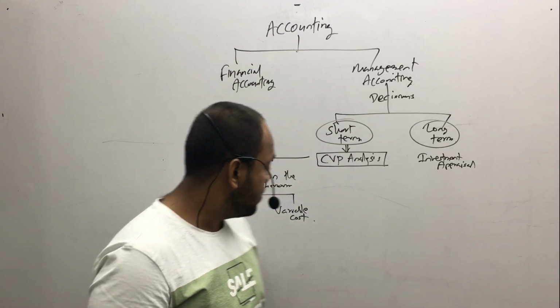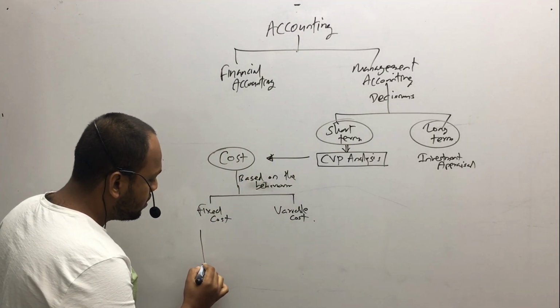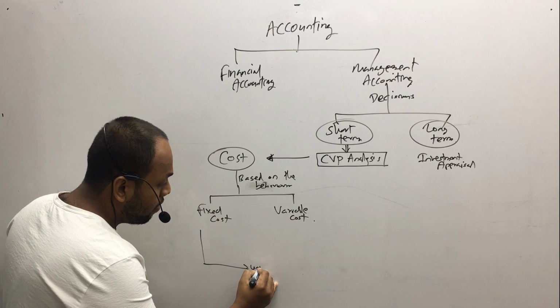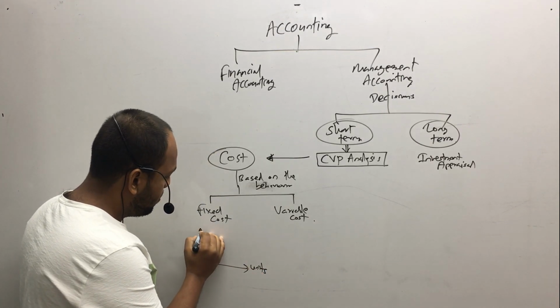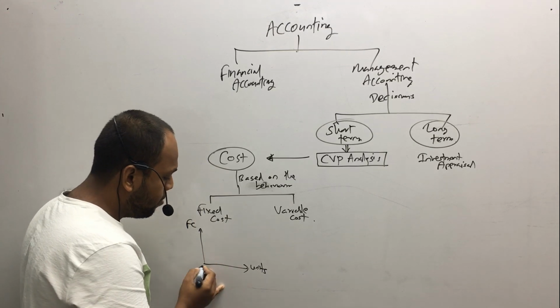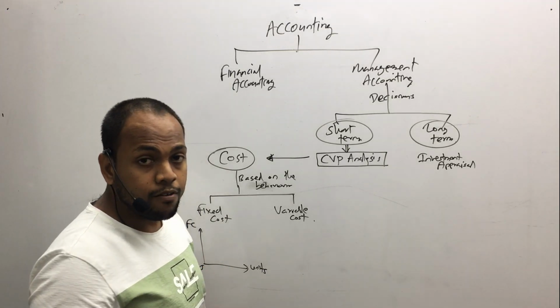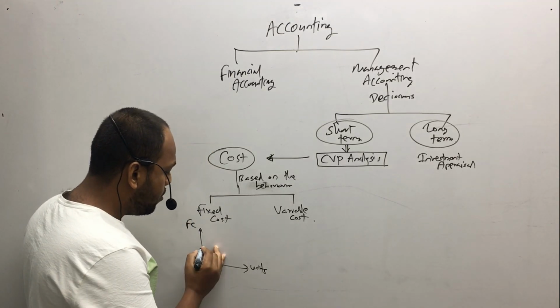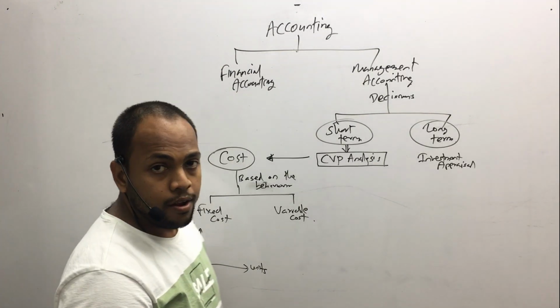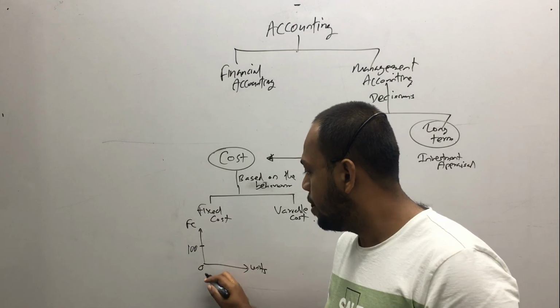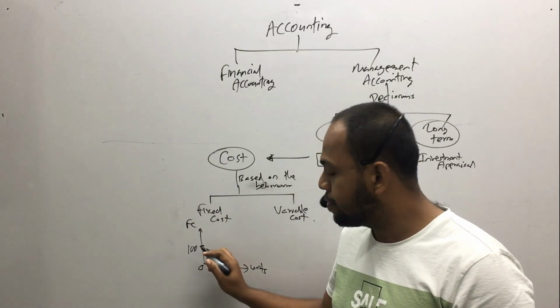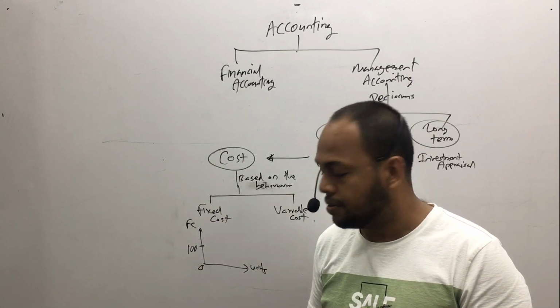So what is meant by fixed cost? Fixed cost is the cost which doesn't change with the number of units. Even though the number of production is 0, let's say the fixed cost is 100,000. Number of units 0, fixed cost is 100,000.